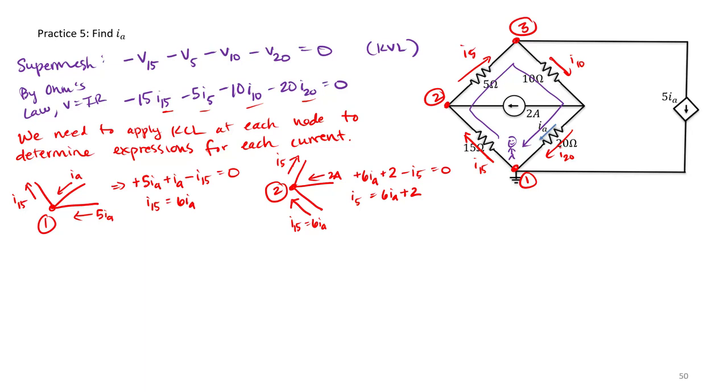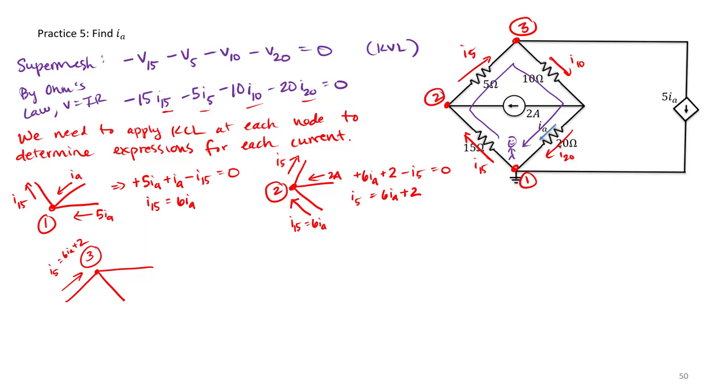Finally, let's look at node 3. So looking at node 3, I conclude I have current I5 entering, where I5 is equal to 6IA plus 2.